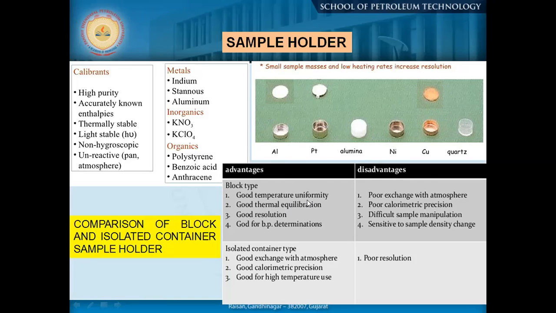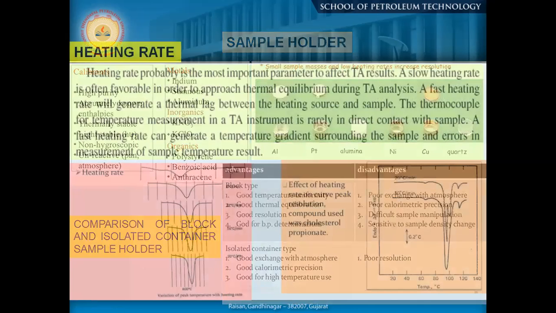The advantages are good temperature uniformity, good thermal calibration, good resolution, good determination of your boiling point, whereas the disadvantage is poor exchange with the atmosphere. If you are putting the sample in a sample holder, it may sometimes not distribute the heat homogeneously. That's why the sample size and the sample holder will affect your thermal analysis in the system.